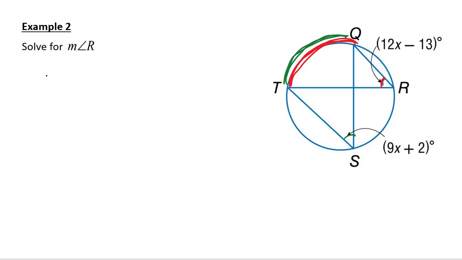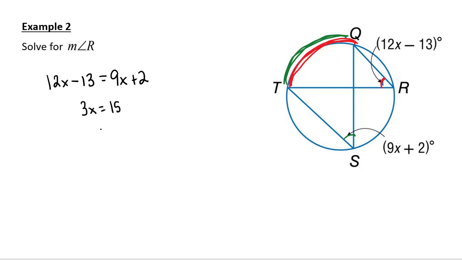So I know that 12x minus 13 is equal to 9x plus 2. And now I have to solve this. If I subtract the 9x over, I get a 3x. If I add the 13 over, I get 15.